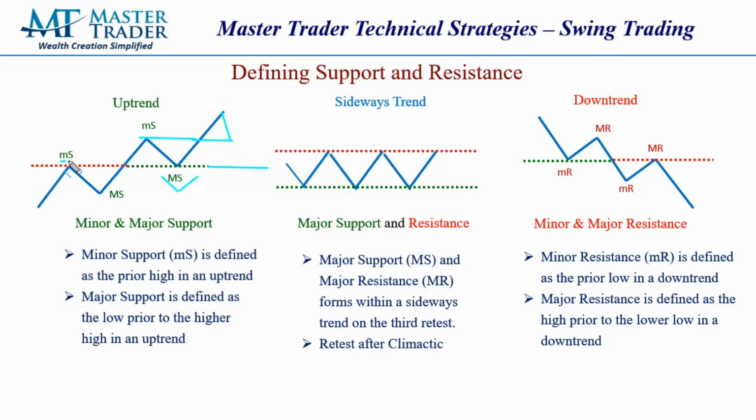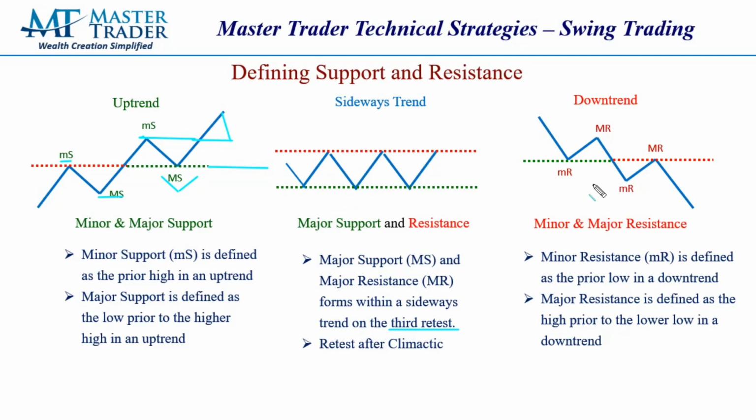So again, minor support, major support once it takes it out, and we just continue as explained in the trend. Major support and resistance, we determine that on the third retest. In other words, we define a trading range at that point after the third retest.